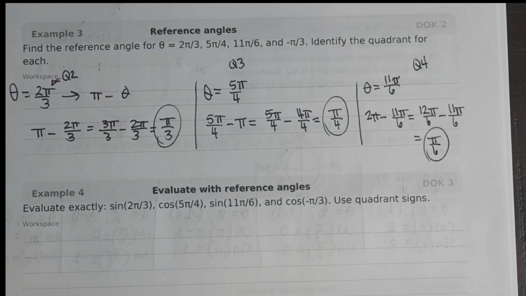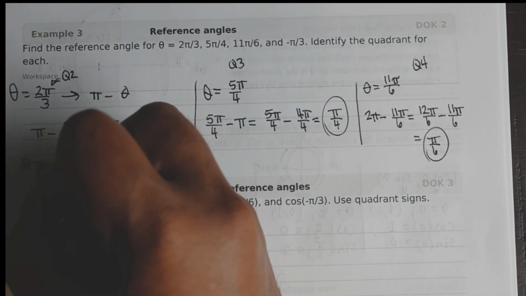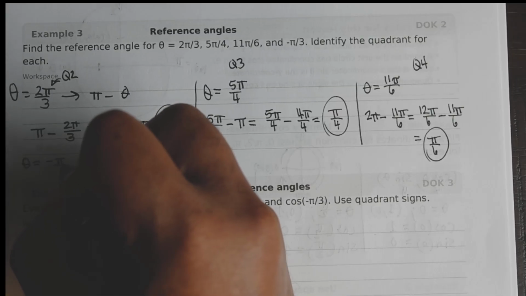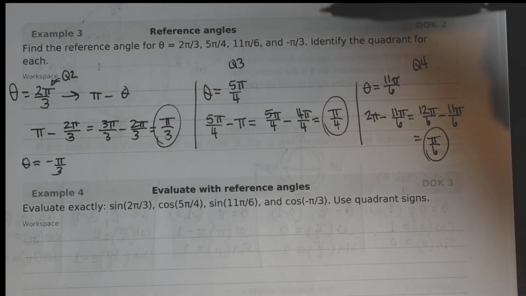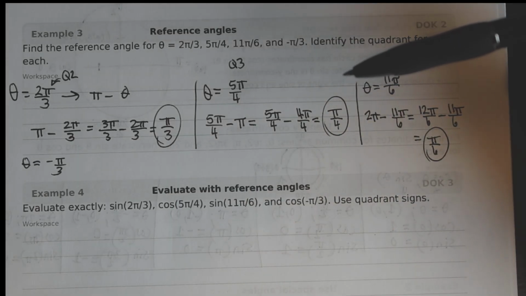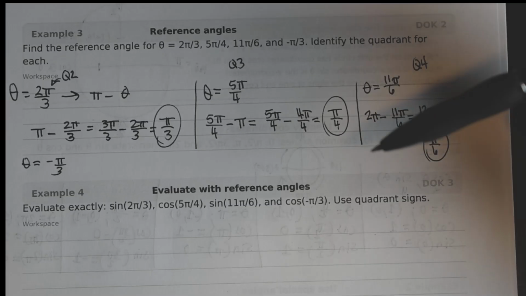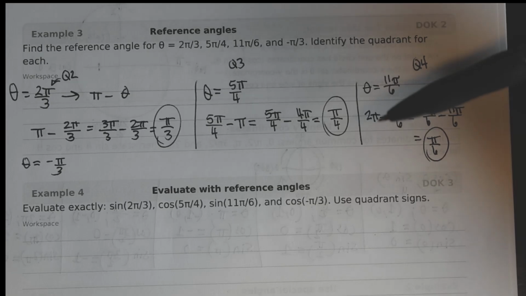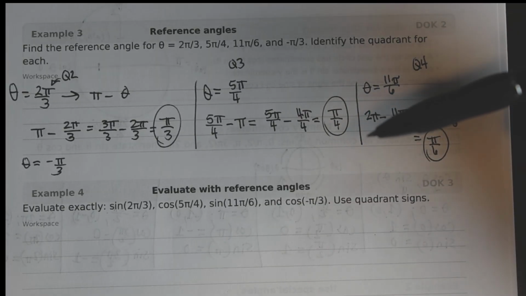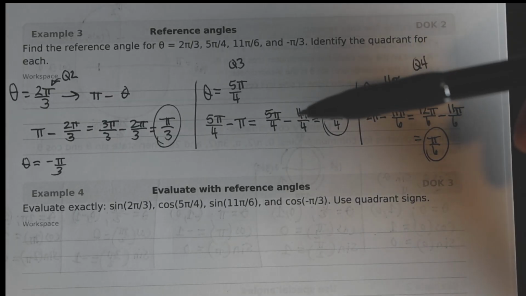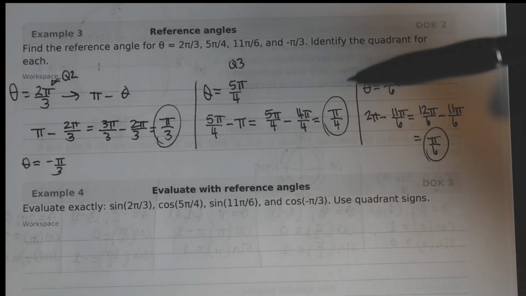Now we have negative pi over 3. So a negative angle rotates clockwise. Okay, a negative angle rotates clockwise. So negative pi over 3 would be in quadrant number 4, and the reference angle is the positive angle from the x-axis.